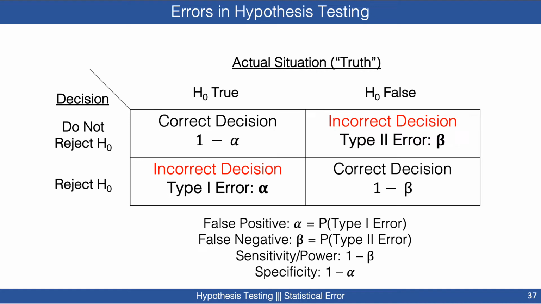So that is usually what we call power. 1 minus beta is the fraction of time where, whenever the null hypothesis is false, you are able to reject it based on the data that you have. So you want to design experiments that allow you to have enough data, enough replicates, enough samples, enough whatever you need, so that whenever the null hypothesis is not true, you have enough power to reject the null hypothesis.